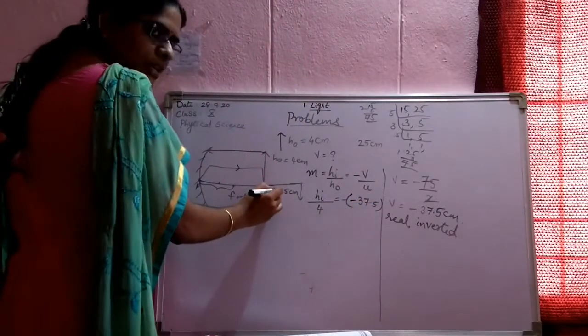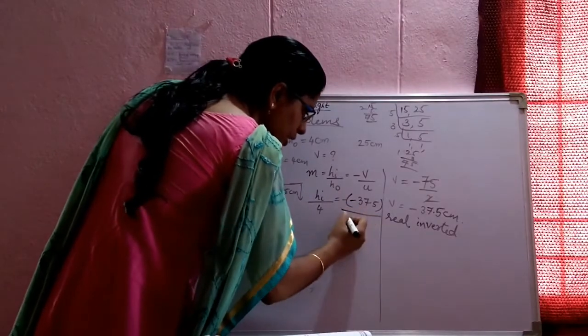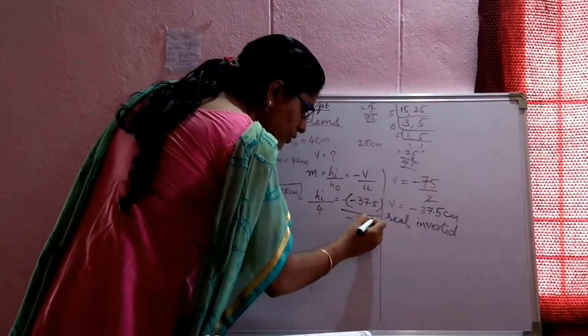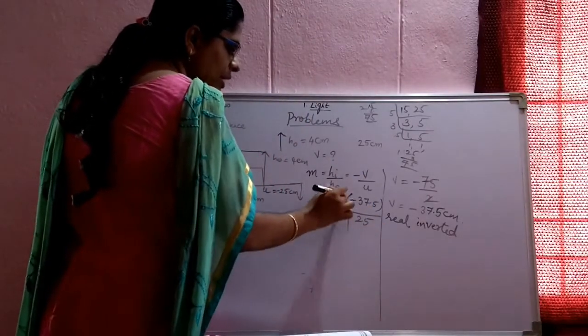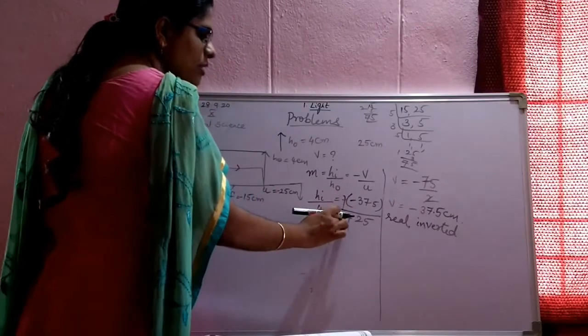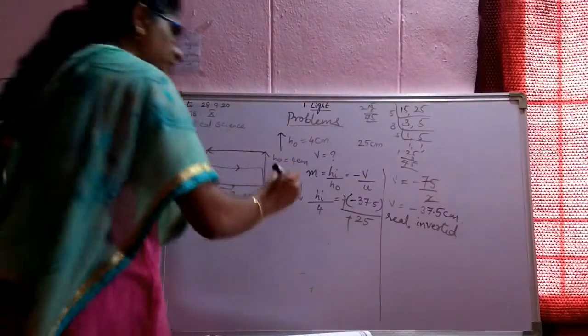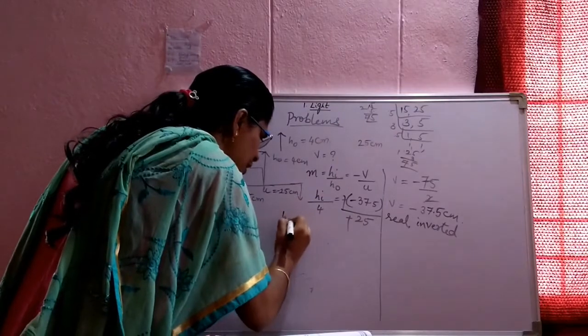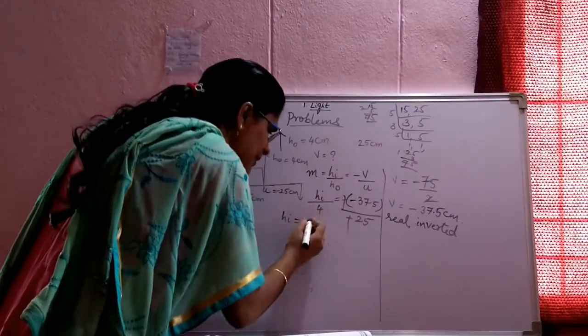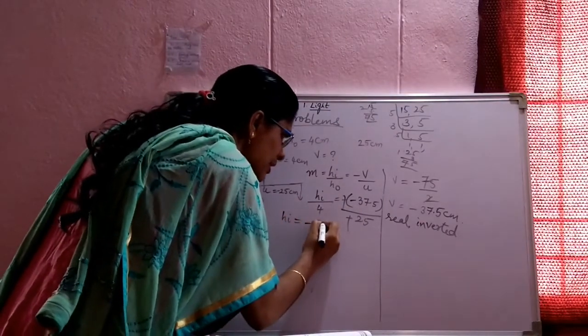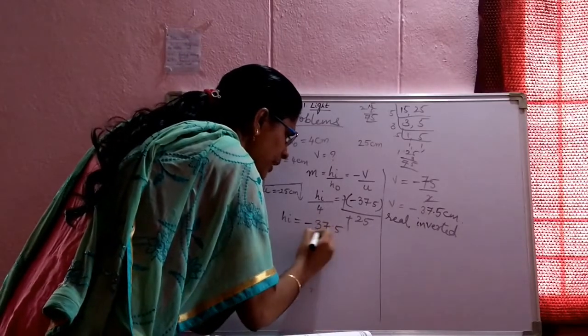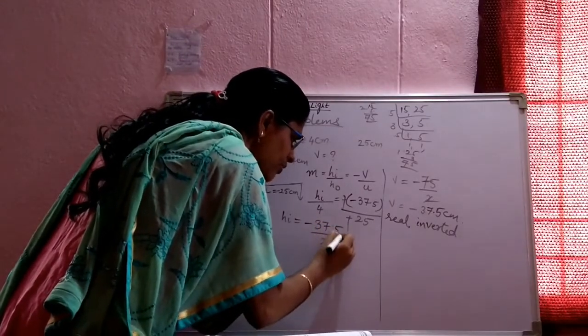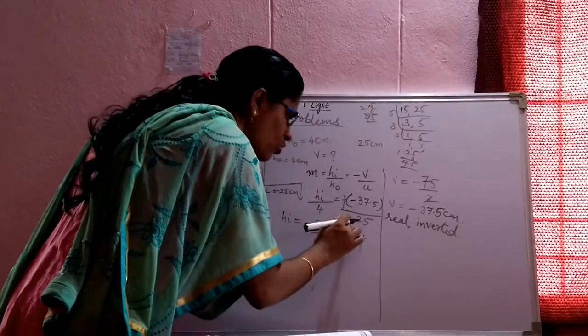U is again minus, divided by minus 25 in place of it. Minus, minus cancels. Now, HI equals, cross multiply this, 37.5 by 25 into 4.